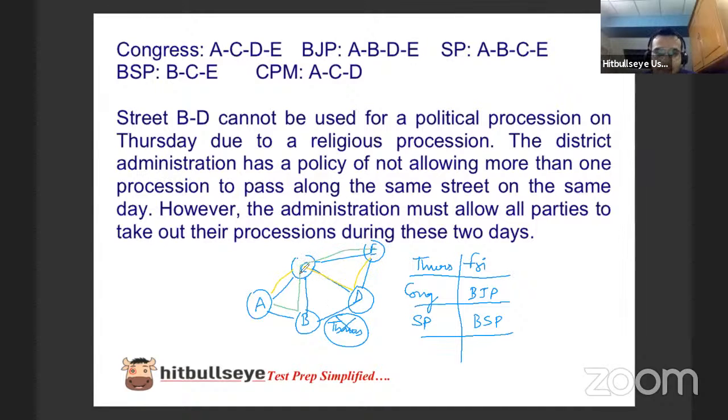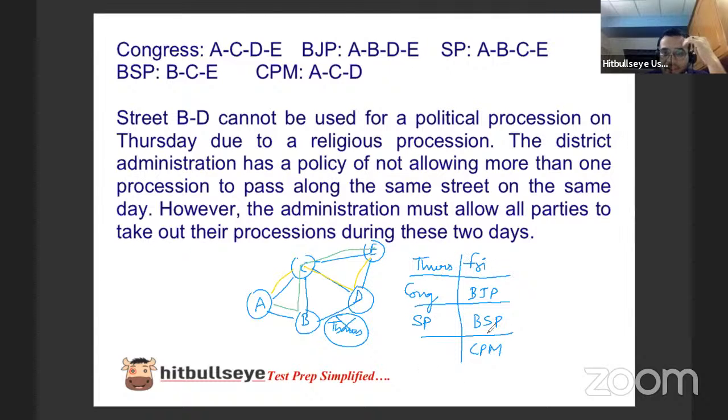The path is different, yes. They will meet at C, have a conversation, and then move ahead. Right? And the last one we are left with is CPM, that has to be on Friday, correct? Absolutely, so these are the split of the 5 political parties amongst Thursday and Friday.